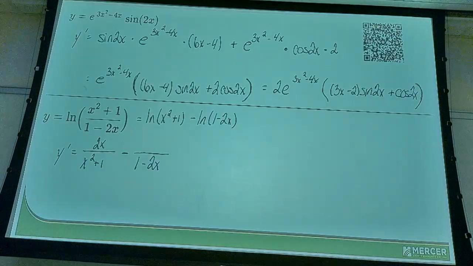What's the derivative of 1 minus 2x? Oh, negative 2. Negative 2.